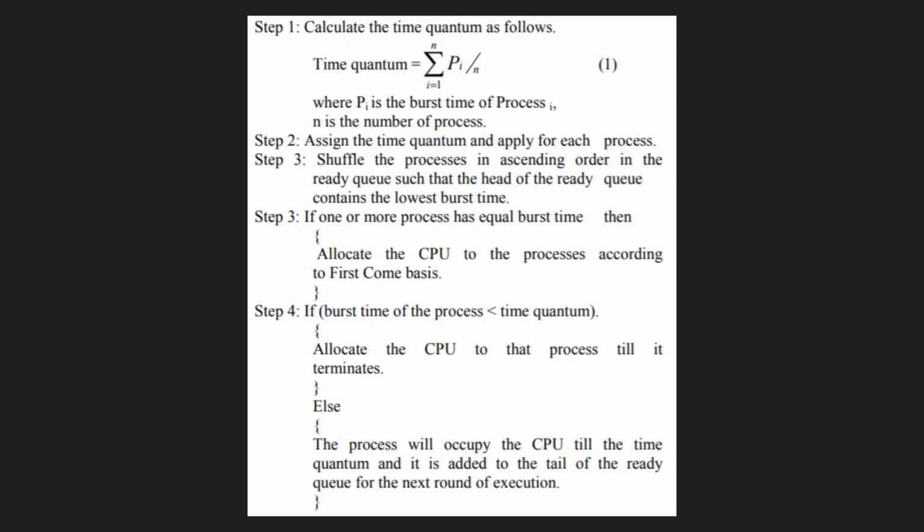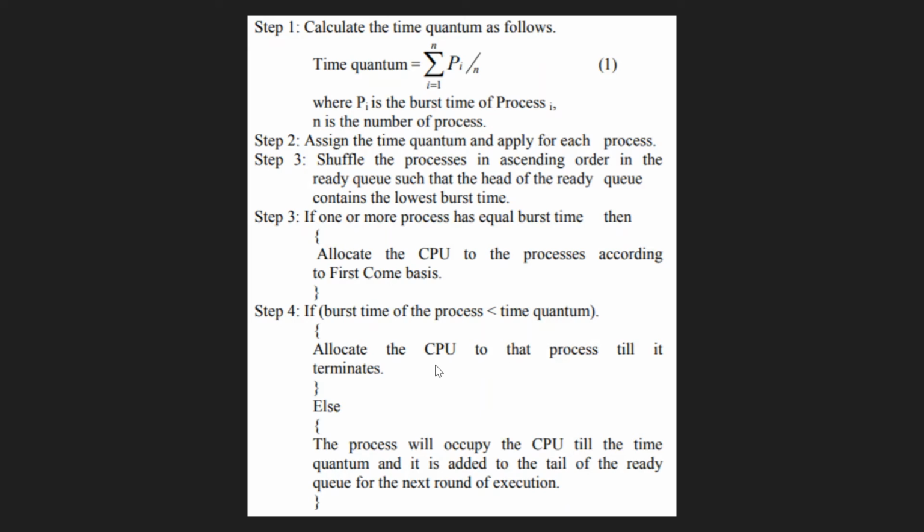So we assign that time quantum to each process, and then we organize them into ascending order in the ready queue, such that the head has the lowest burst time. And then if the burst time is less than the time quantum for the specific process that is pointed at in this loop, we allocate the CPU to that process until it terminates.